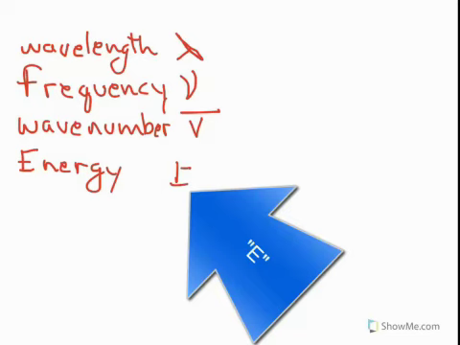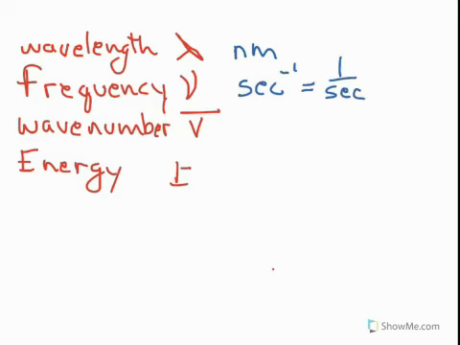Wavelength is in units of nanometers. Frequency is 1/seconds or per seconds, seconds to the -1. You've got to be careful with this unit. Wave number is equal to 1/wavelength, so the units in this are usually centimeters to the -1.